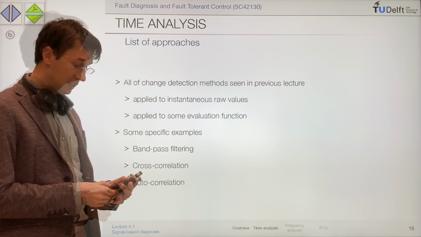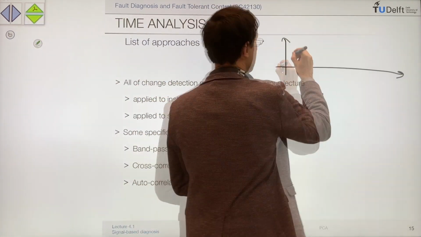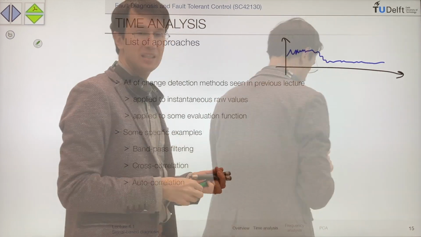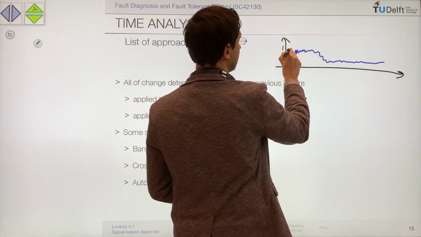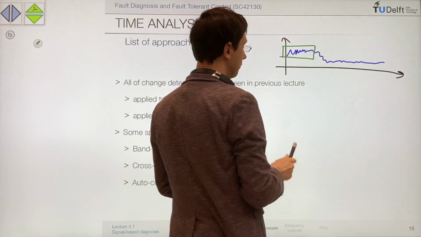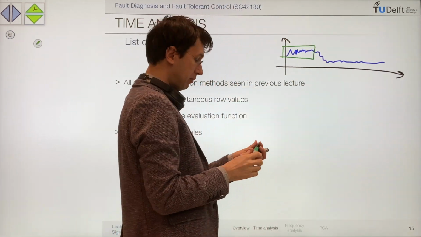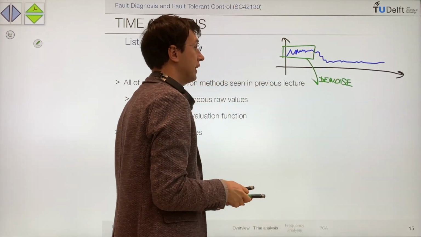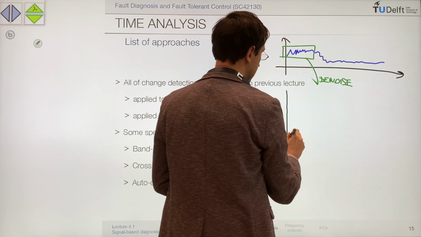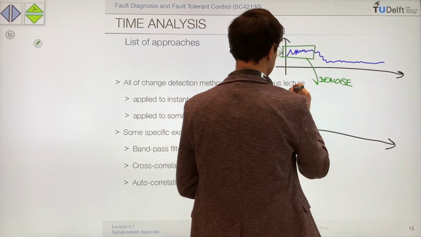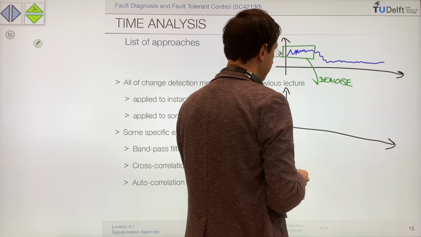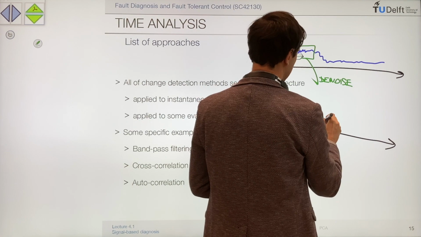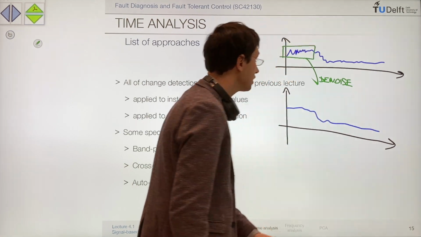You can, for instance, take a signal that is very noisy, and then you can take a window of data and you can apply some denoising, and then you get another signal that now is going to be our features, which is the same signal as before, but for instance low pass filtered, so much less noise.